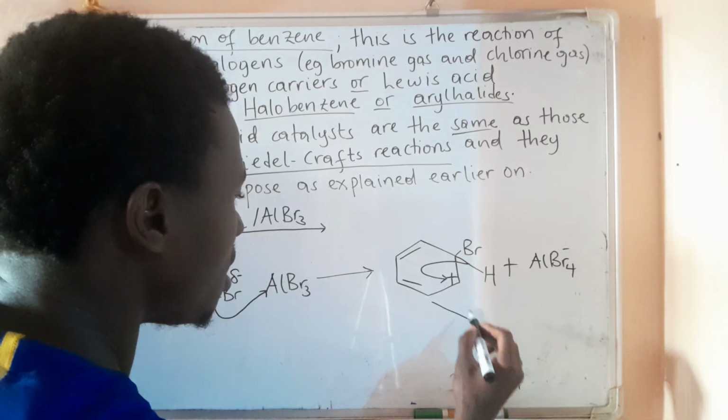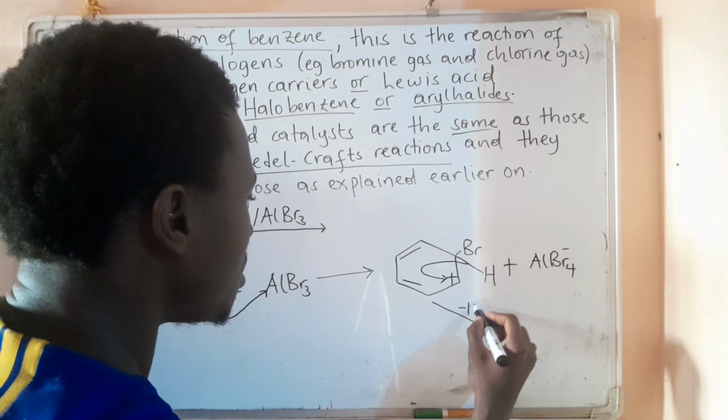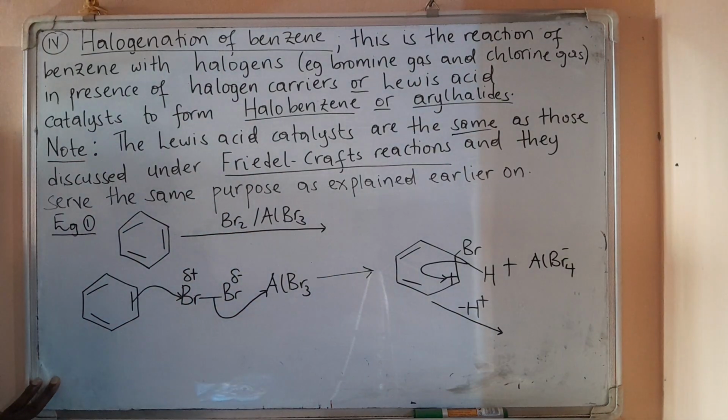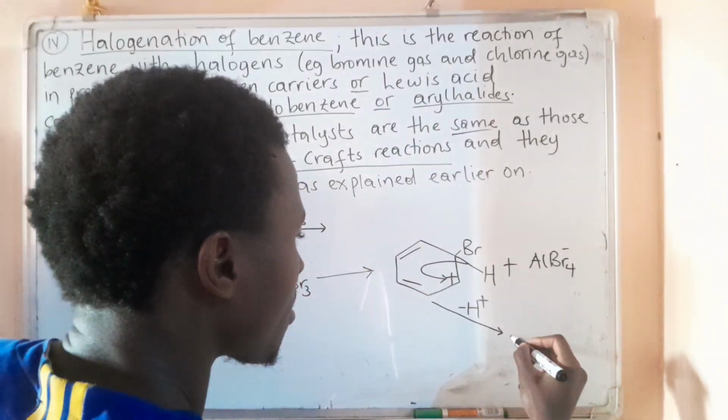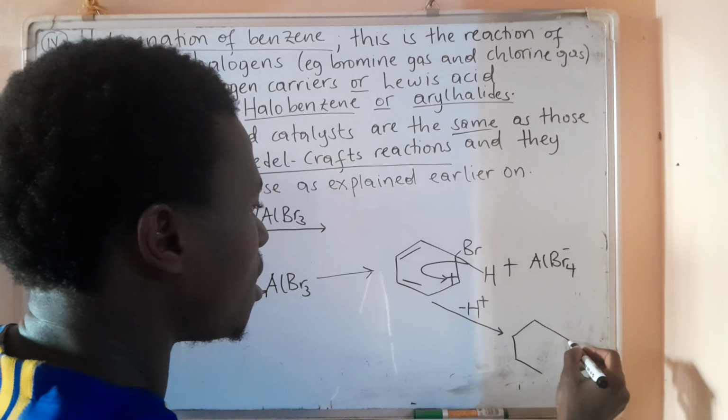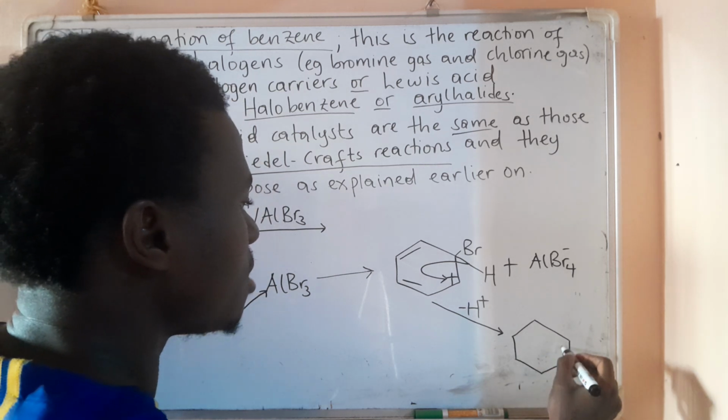As a result, I lose a proton, a hydrogen ion, as I form my bromobenzene.